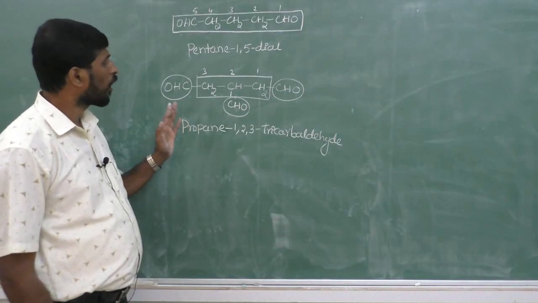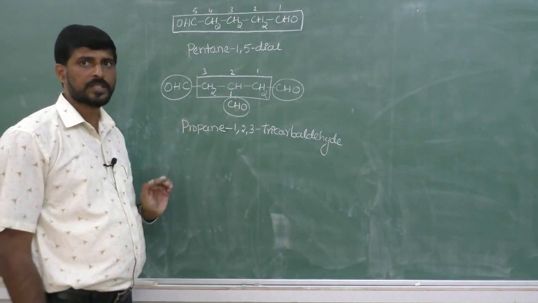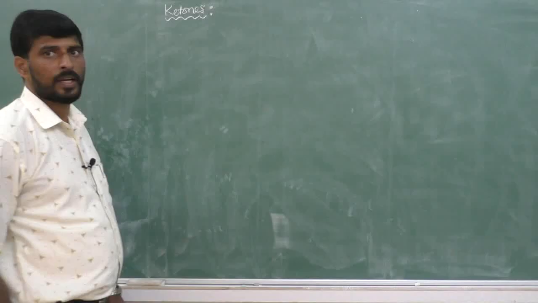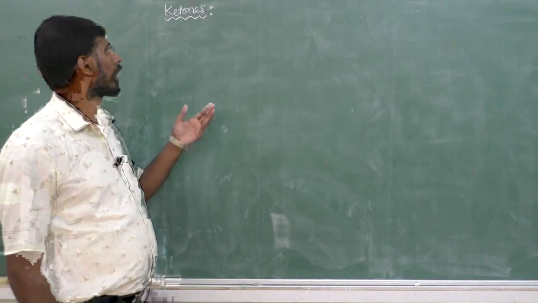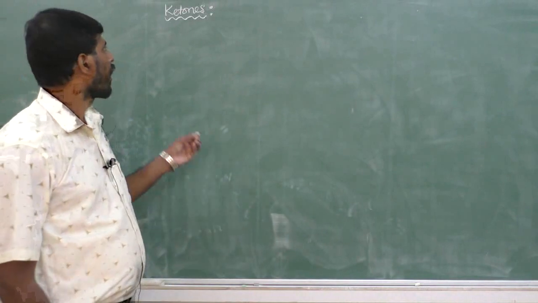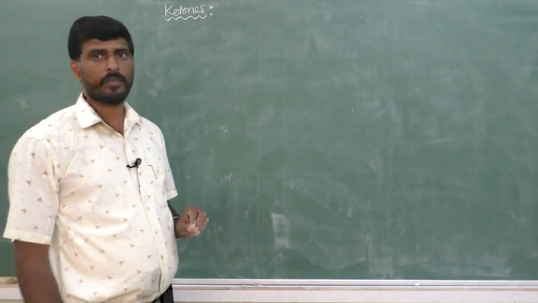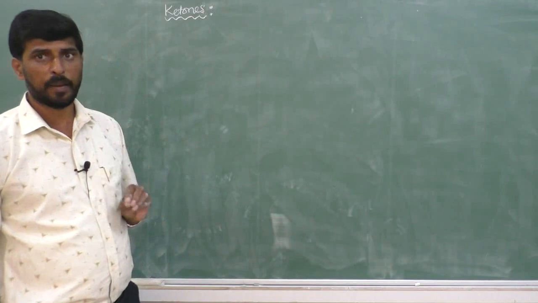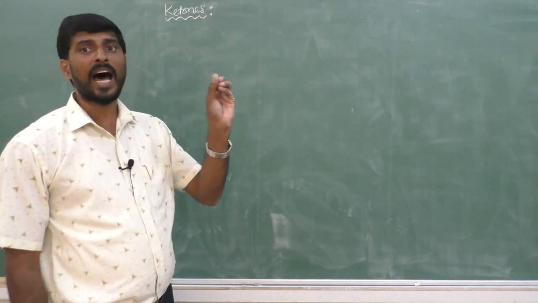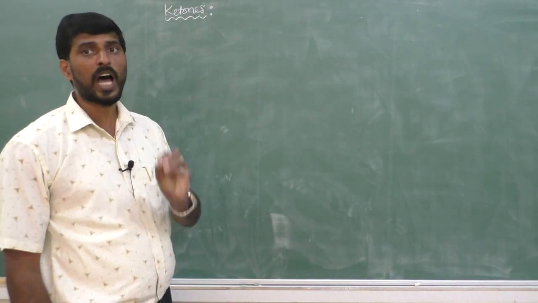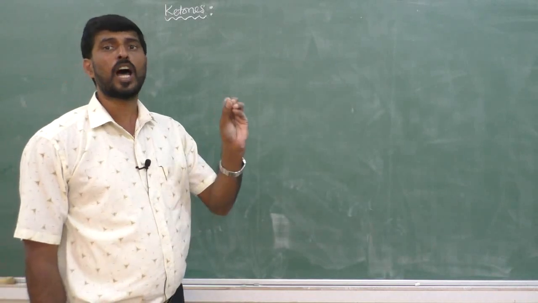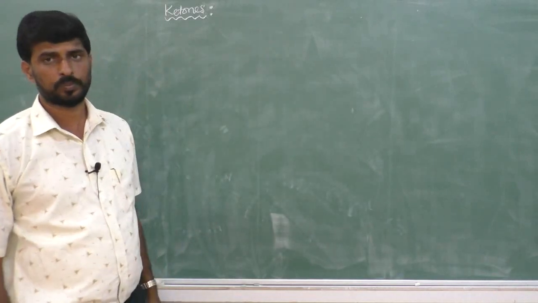So, in this way, the naming of aldehydes in the IUPAC system as well as in the trivial system. Next, let us move on to the nomenclature of ketones. In the trivial system, ketones are named by naming the alkyl or aryl groups attached to the carbonyl group, followed by the word ketone.